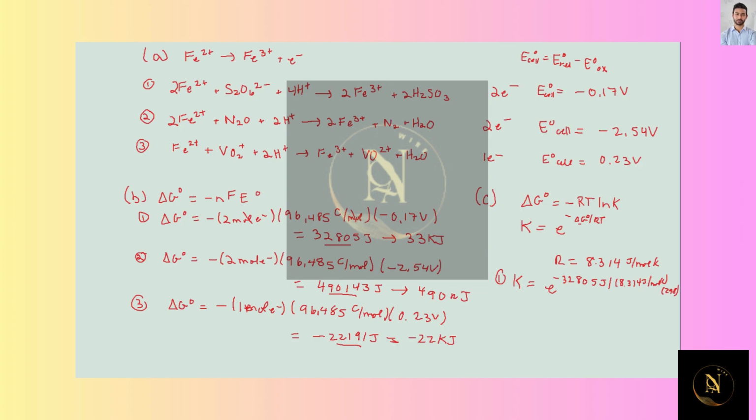And I plug all that in and I get that K equals, for this first one, 1.8 times 10 to the negative 6th.